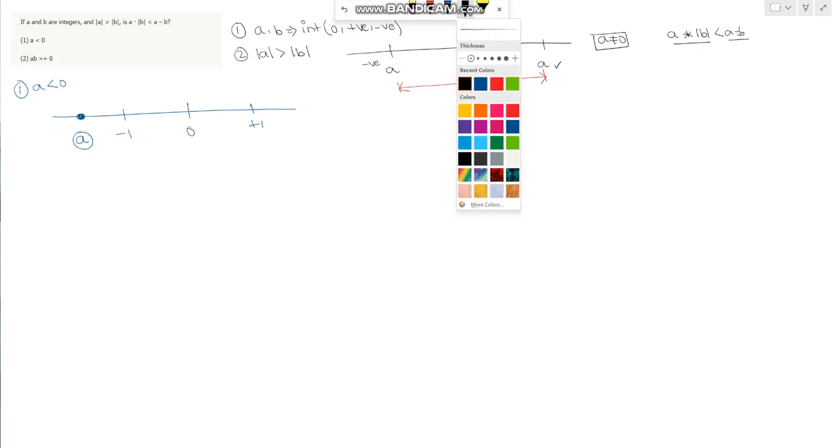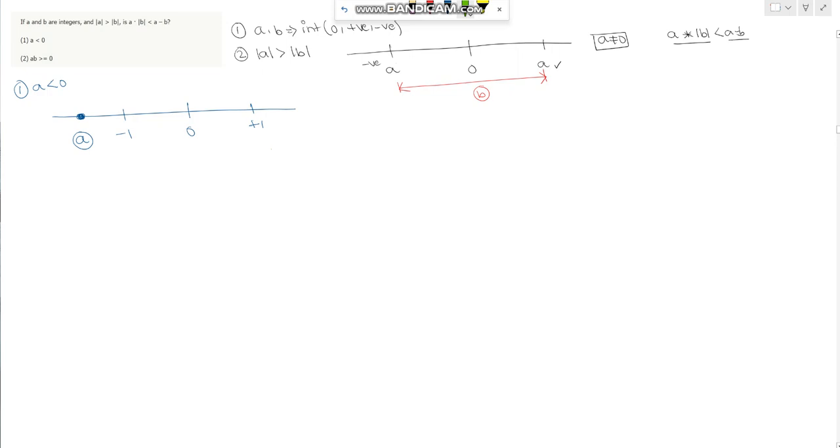Now, a couple of things that we can look at when we try to evaluate this expression, a into mod of b, is it less than a minus b, is if b is either minus 1 or 1, the value of a into mod of b will not really change, right? Now, before we go in there, I'll also draw the mirror image of a, that is minus a here.